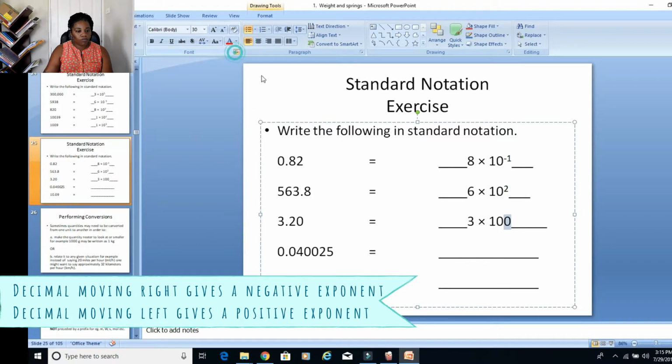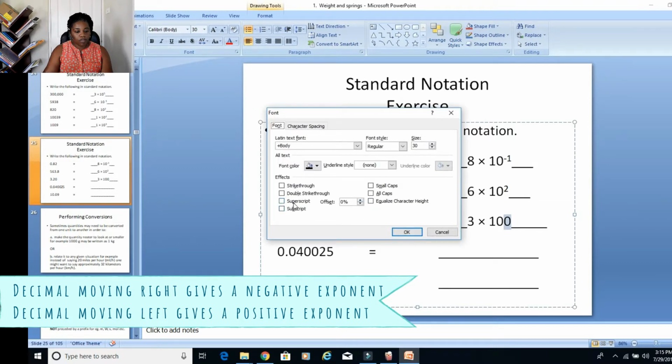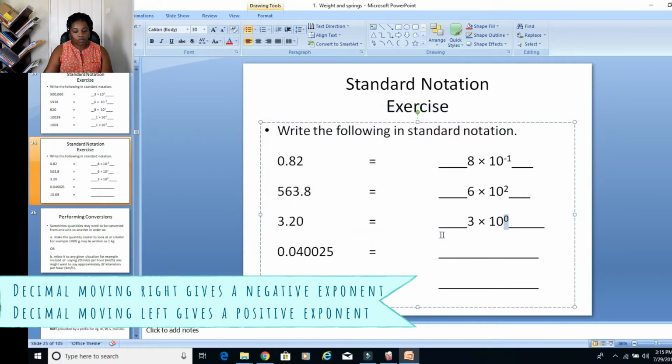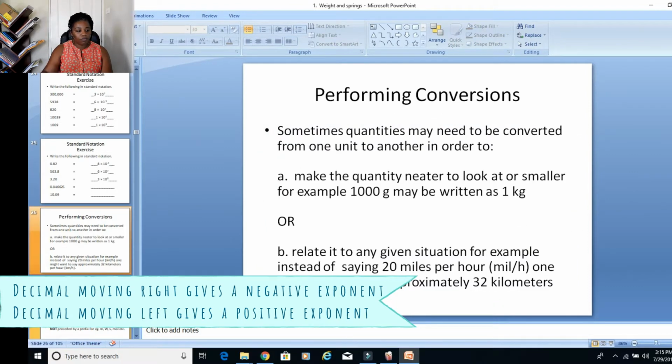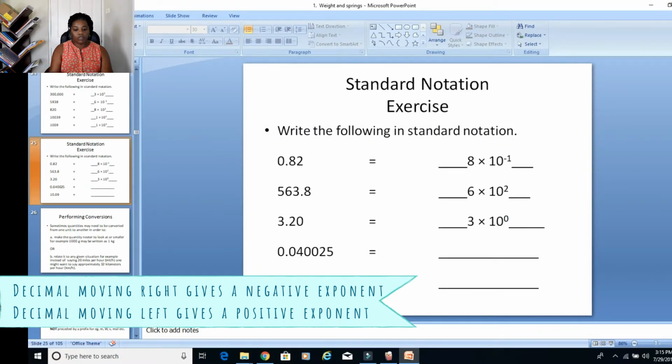Okay. And why did I do that? Because anything raised to the power of 0 is 1. Okay? So here we have that. We didn't have to do anything else.